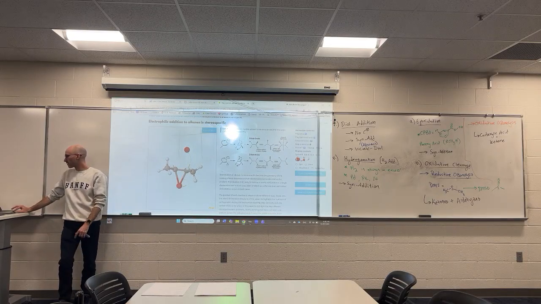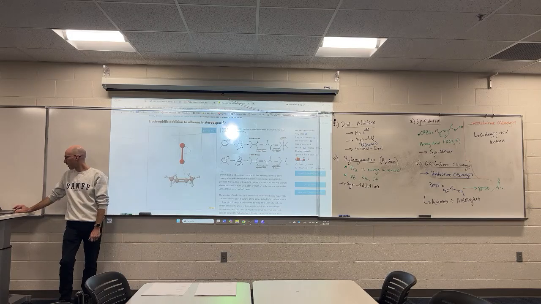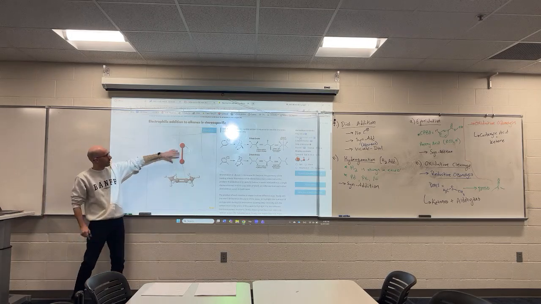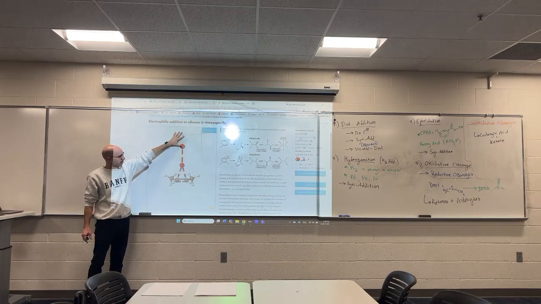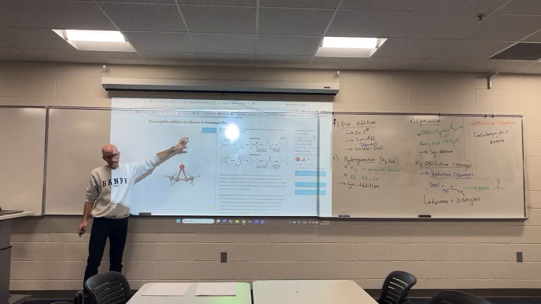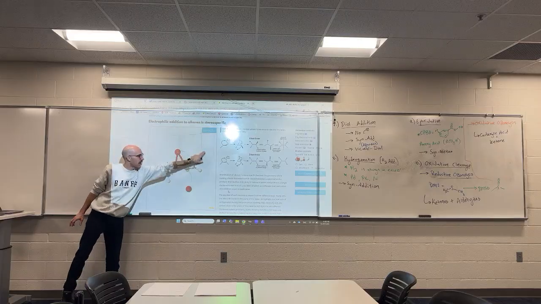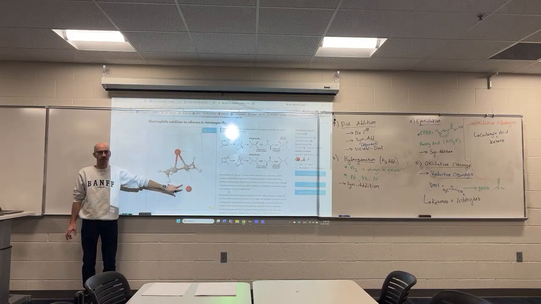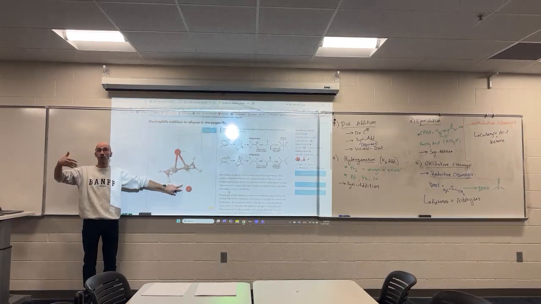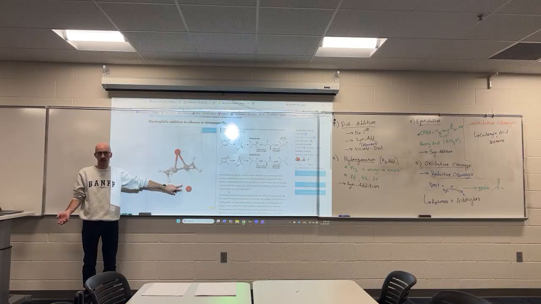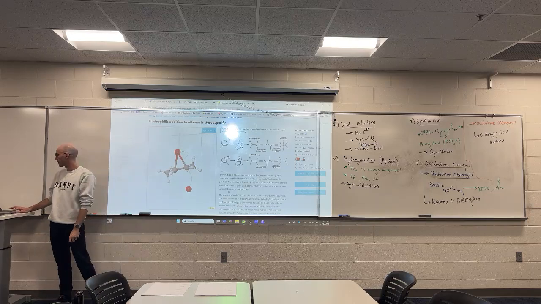And I want to ask you this. Did you notice how from this step, the halide ended up all the way up here at the top? And then to the next step, I need the halide to be all the way down here on the bottom. That's not exactly easy to do. That halide needs to move through physical space, surrounded by solvent molecules, to find itself in the right place on the molecule to react.